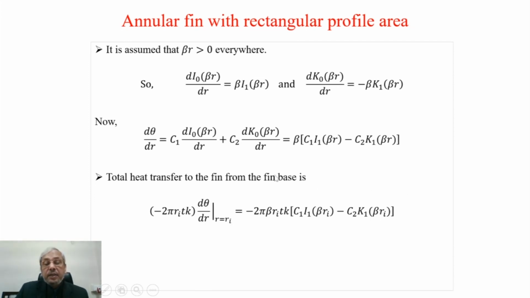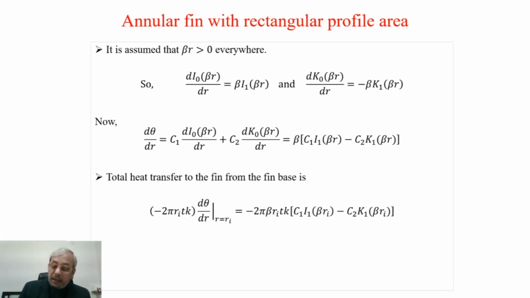And this is the expression we get. This is basically heat transfer to the fin from the fin base. And this will be entering the fin and will be taken away through convective heat transfer by the surrounding fluid.